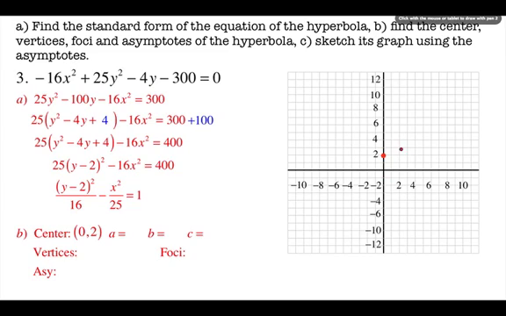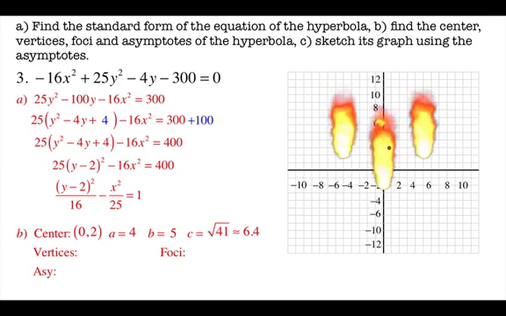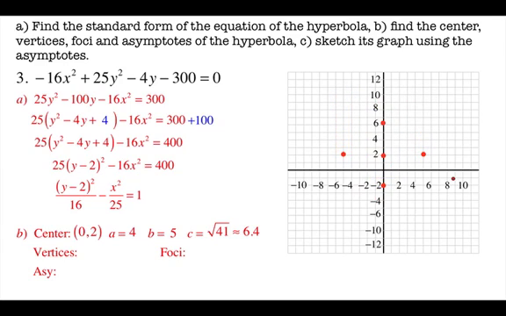Then my A, my B, so this is my A, so I'm going to be traveling up 4 and down 4, to the right 5, to the left 5, and that's why I get those points. And then these are my vertices, which is 0, 6 and 0, negative 2. Again, it's opening up and down.